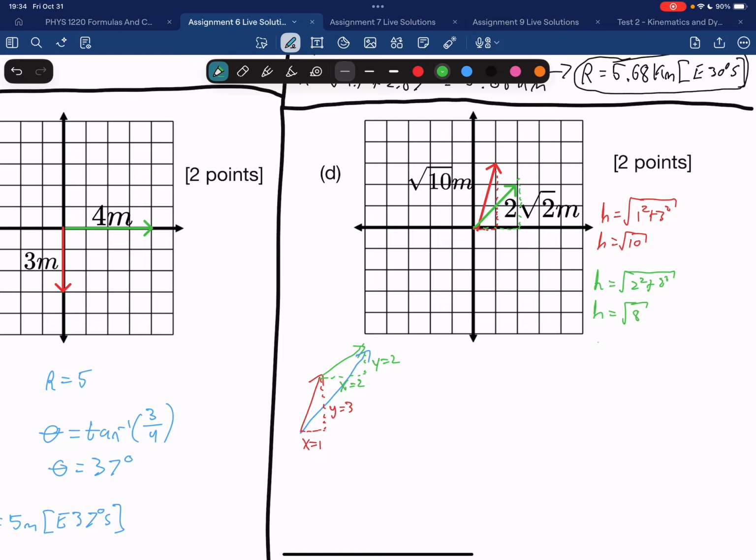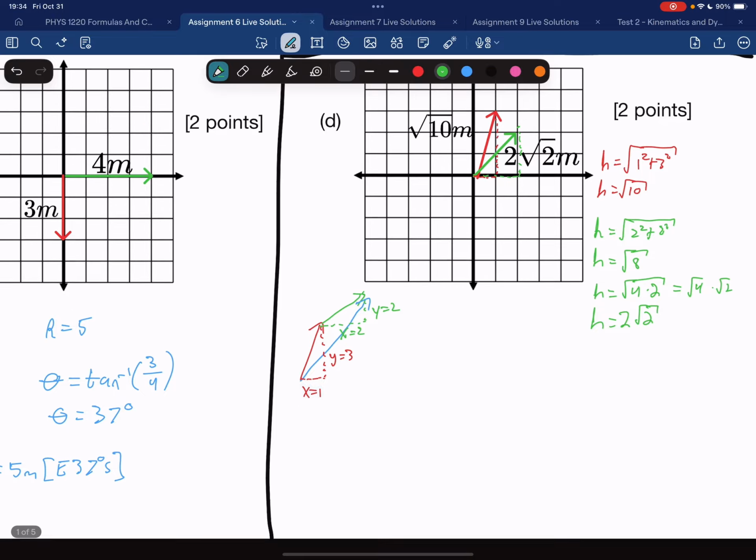Square root of 8, which is equal to the square root of 4 times 2, which is equal to the square root of 4 times the square root of 2. And the square root of 4 is just 2, so 2 times the square root of 2. So they do in fact work out, in case you wanted to prove it to yourself.